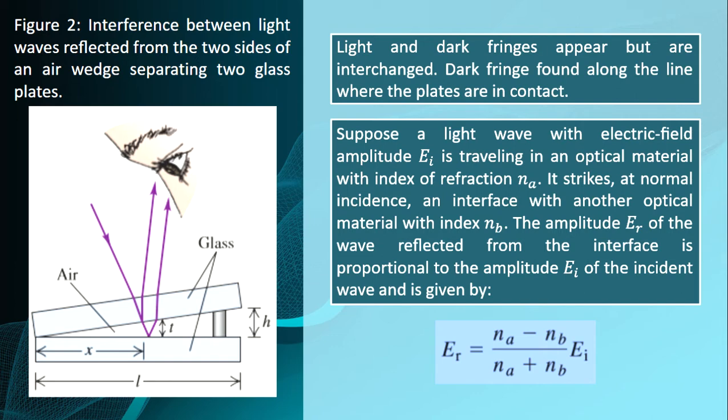E sub R, the reflected wave amplitude, equals n sub A, the index of refraction of the first optical material, minus n sub B, the index of refraction of the second optical material, over n sub A plus n sub B, times E sub I, the amplitude of the incident wave. Okay?